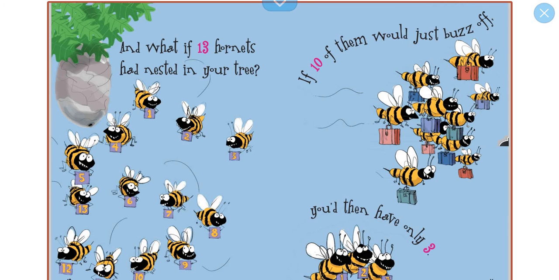And what if 13 hornets had nested in your tree? If 10 of them would just buzz off, you'd then have only 3.